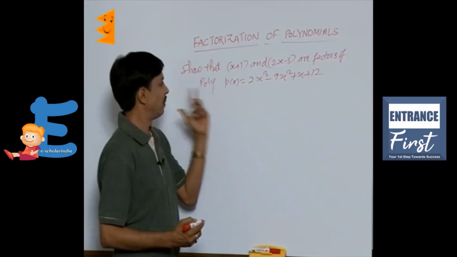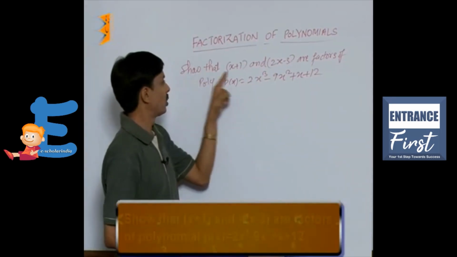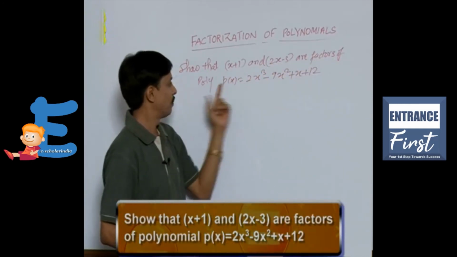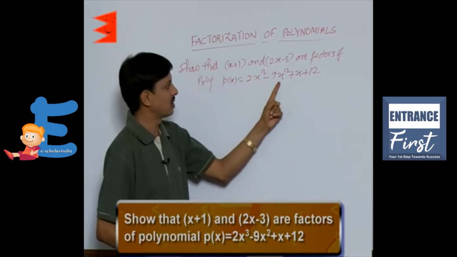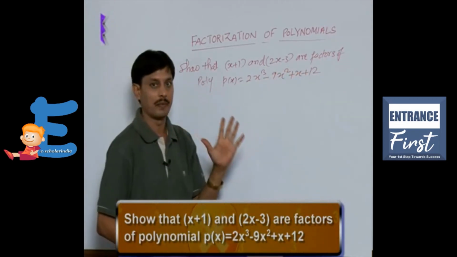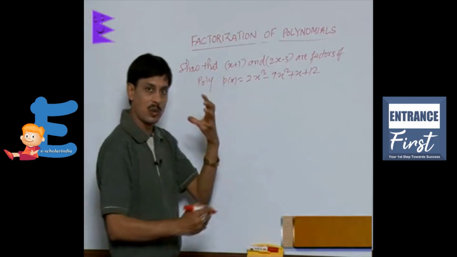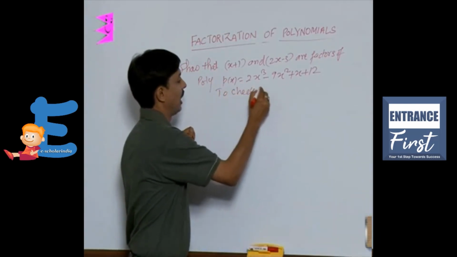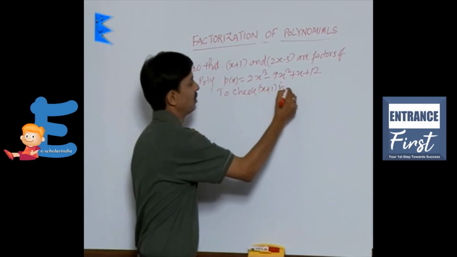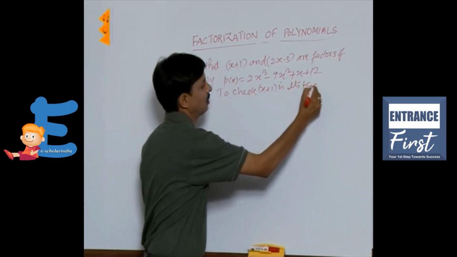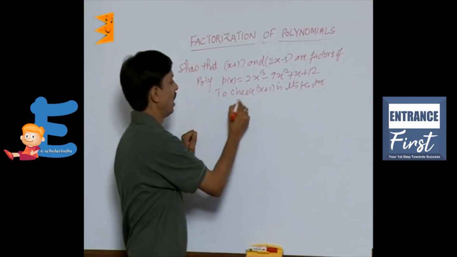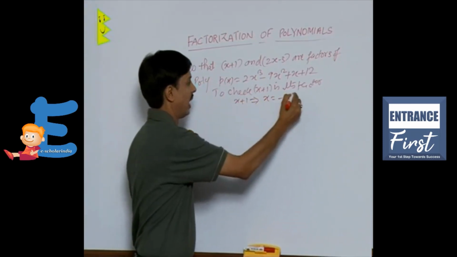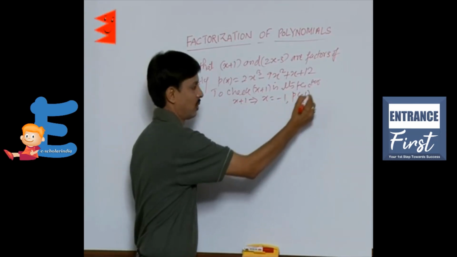Now the question is based upon the factor theorem. Show that x plus 1 and 2x minus 3 are factors of the polynomial p of x, 2x cube minus 9x square plus x plus 12. To check whether x plus 1 is its factor, x plus 1 implies x equals to minus 1 and the remainder is p of minus 1.